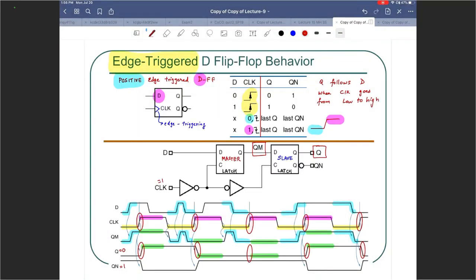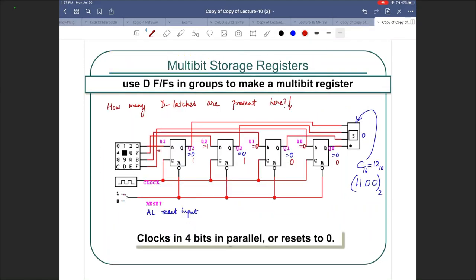If you take a look at this from the morning, I need a master-slave configuration. So I need 2 D latches to make a D flip-flop. Once I make a flip-flop, then I can use 4 D flip-flops here to make the 4-bit register. So this actually requires 8 D latches, and you will need a bunch of NOT gates to go along with that as well.